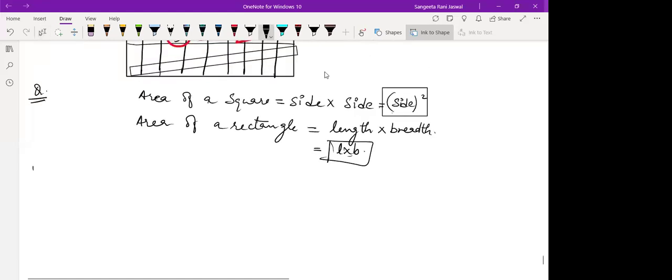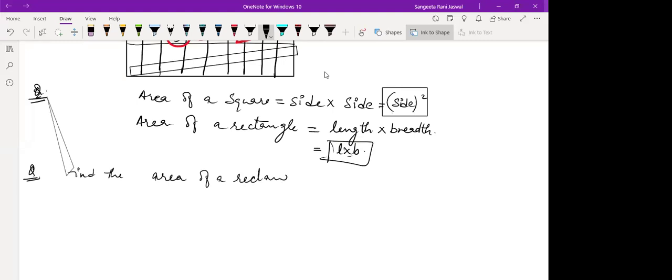Take a question now. Find the area of a rectangle whose sides are, let's first take, 3 centimeter and 4 centimeter.